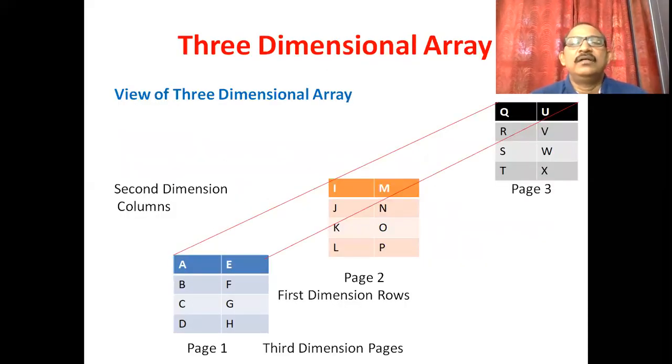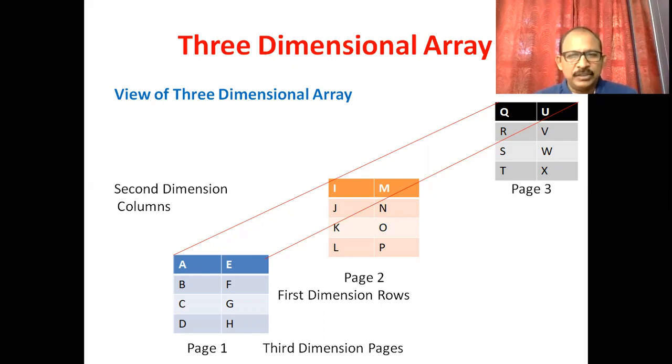Next topic is the three-dimensional array. What is the three-dimensional array? A three-dimensional array is a collection of two-dimensional arrays, or you can say a three-dimensional array is an array of two-dimensional arrays. In other words, each element in a three-dimensional array is a two-dimensional array.